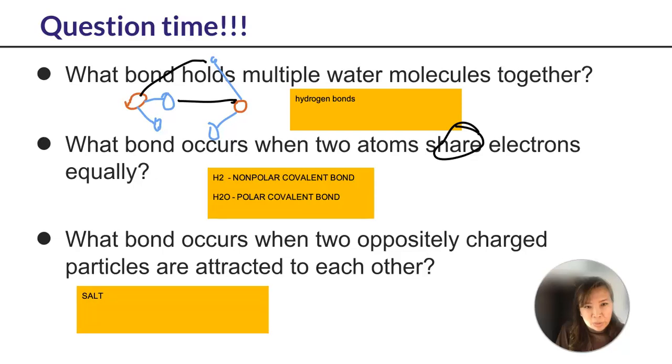Which would be when sodium, which is positive because it gave its electron to the chlorine atom, and chlorine, which is negative because it accepted, and now because of this positive and this negative charge right here, they're attracted to one another and they end up bonding in what we call an ionic bond. They're forming an ionic bond together, and that's when two oppositely charged, positive and negative, particles are attracted to one another.